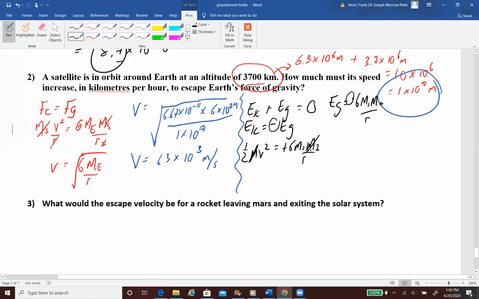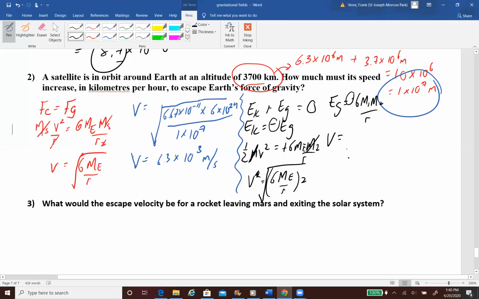So we're left with 1/2 v squared is equal to big G M1, which is the mass of the Earth, over R. So then we rearrange: v squared is equal to big G mass Earth over R times 2. Okay, and then we can just take the square root of all of that.